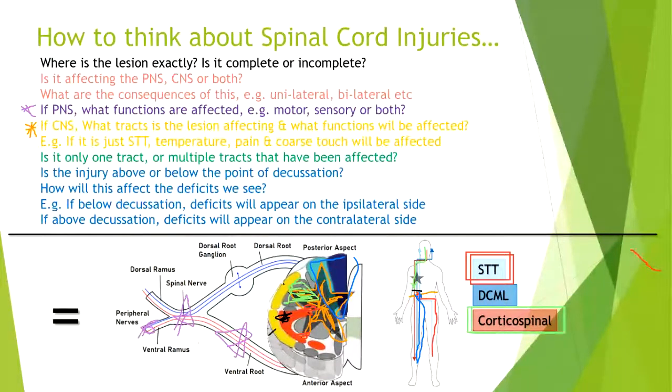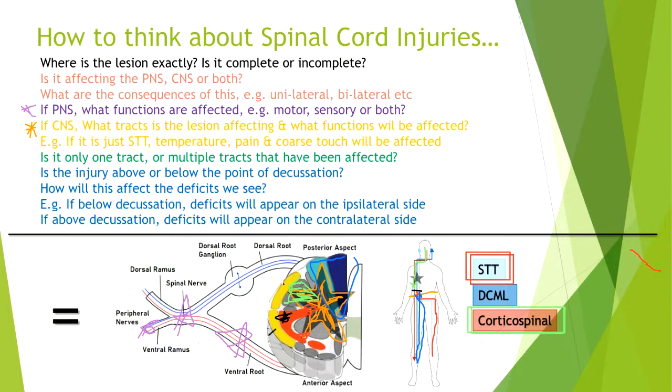And that's going to be on the same side because the injury has occurred after that tract has already crossed the midline. So everything below it will be affected on the same side. So for this one, we've got ipsilateral loss of voluntary motor control. So I hope that that makes sense for you guys. Hopefully I've explained that well enough.